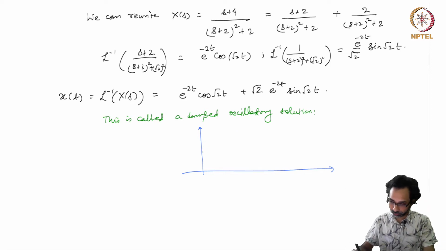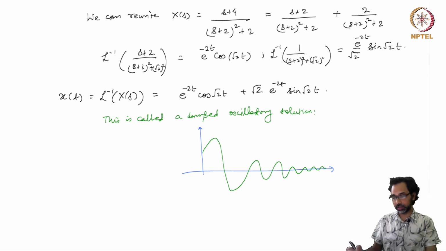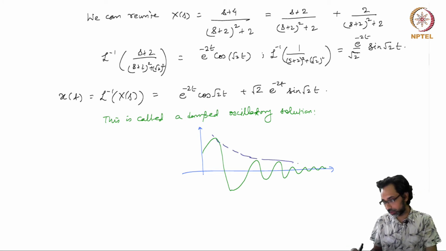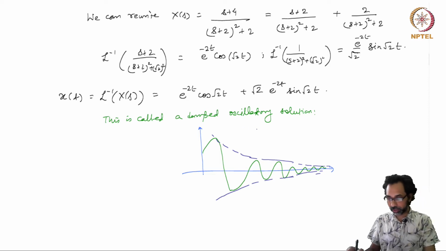So the graph starts out big and then it oscillates, but the amplitude of oscillation dies out as t goes to infinity. So in fact the enveloping curve dies out to 0 as t goes to infinity. So this is called a damped oscillatory solution because it oscillates like this between positive and negative parts.